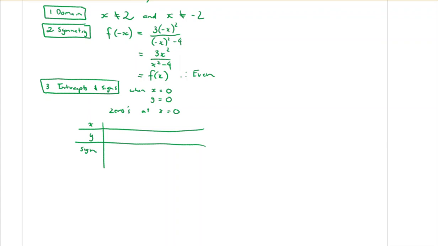I have a 0 at x equals 0, and I also have these 2 things from up here, my asymptotes, my discontinuous points. You could rewrite them down here. So let's start with the smallest one, leave a gap. We're going to have -2, leave a gap, 0, leave a gap, 2, and then an extra 1 at the end.